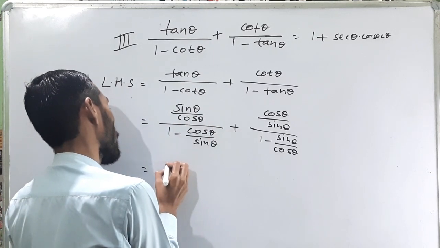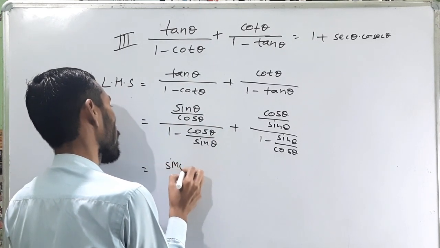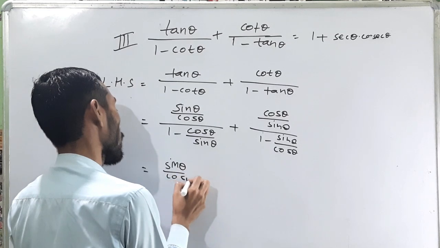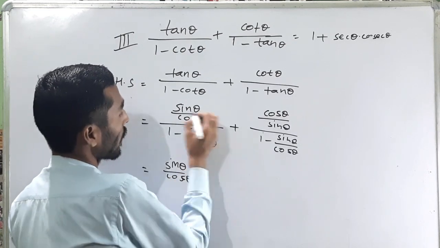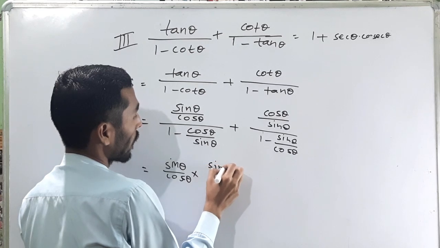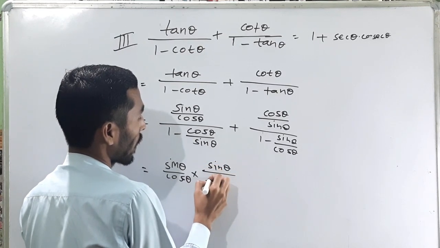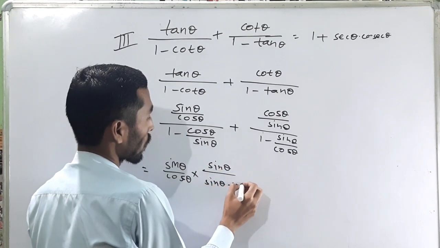Again we can write sin theta by cos theta into sin theta by sin theta minus cos theta.